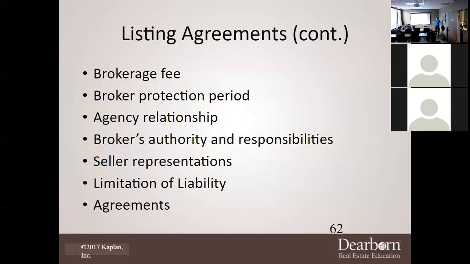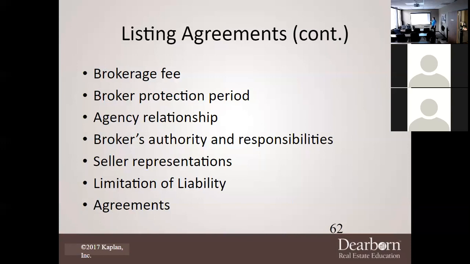An agency relationship is also created. The moment everybody signs, there's that agency. Okay, which means it's what type of relationship? Fiduciary. Fiduciary relationship, which is the highest and best. The broker's authority and responsibilities are broken out.